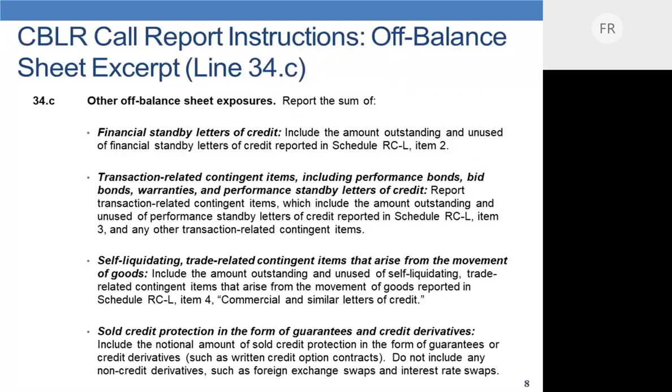Now in slide 8, we're going to go through the off-balance sheet exposure amounts captured in line 34C, again on the updated Schedule RCR. So in line 34C, institutions should report the sum of the following items: financial standby letters of credit, as reported in Schedule RCL Item 2, transaction-related contingent items, including performance bonds, bid bonds, warranties, and performance standby letters of credit. Performance standby letters of credit are reported in Schedule RCL Item 3.